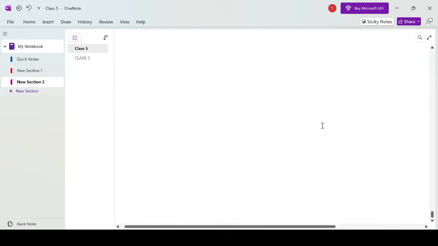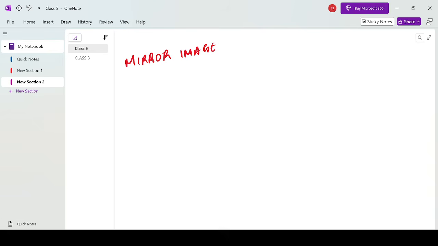In case of mirror image, for example F, the mirror image will be like this. So mirror means it's opposite, right?